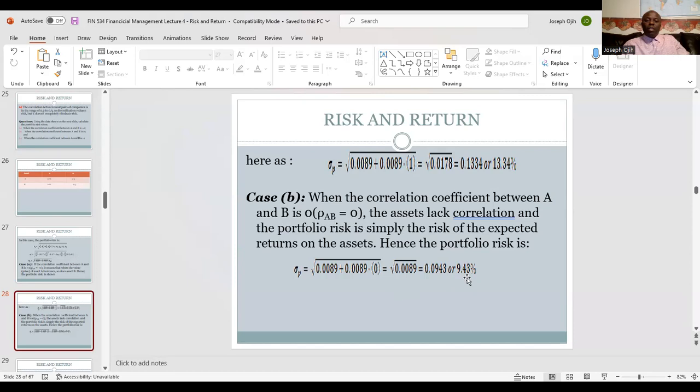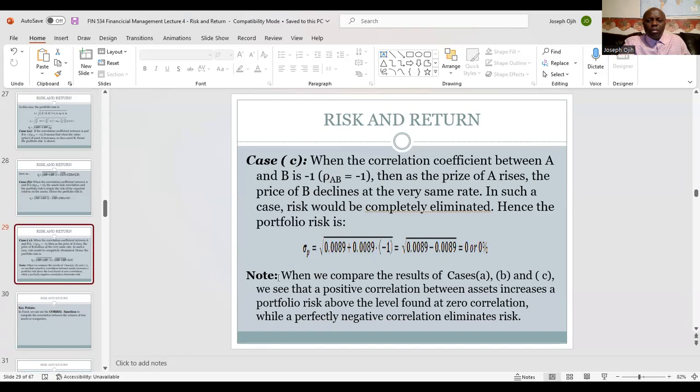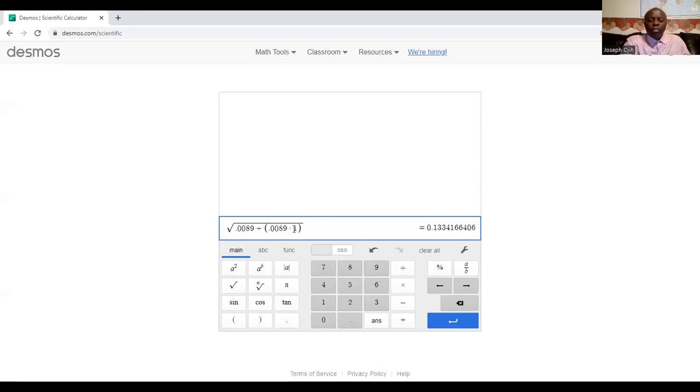So in this case, the assets lack correlation, and the portfolio risk is simply the expected return on the assets. But when it is -1, say for case C, when you plug in -1 instead of 1, you can see that the risk is 0.